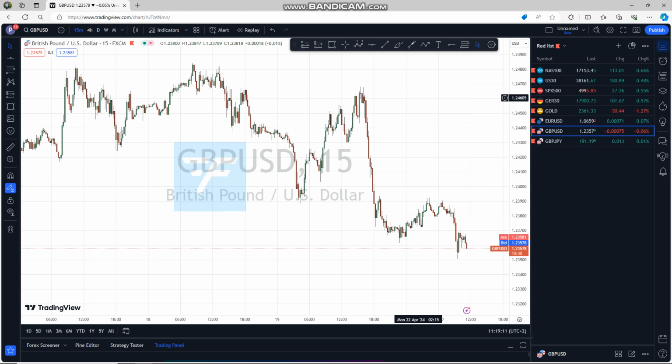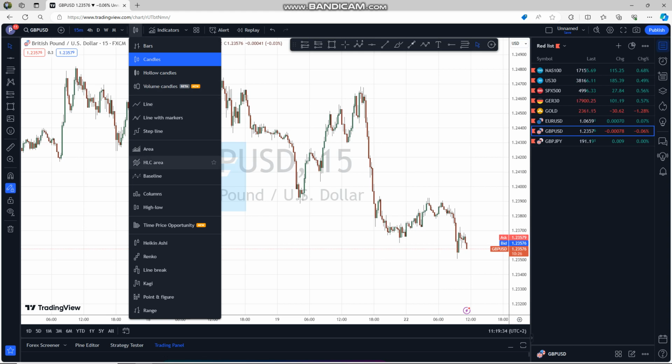I'm already on a 15 minutes chart, so I will be using it just to show you how to delineate or draw your support and resistance levels. To draw your support and resistance, you can use a line chart.